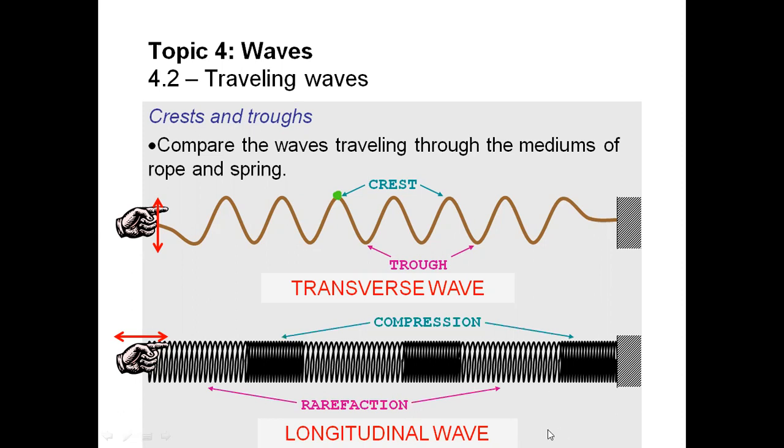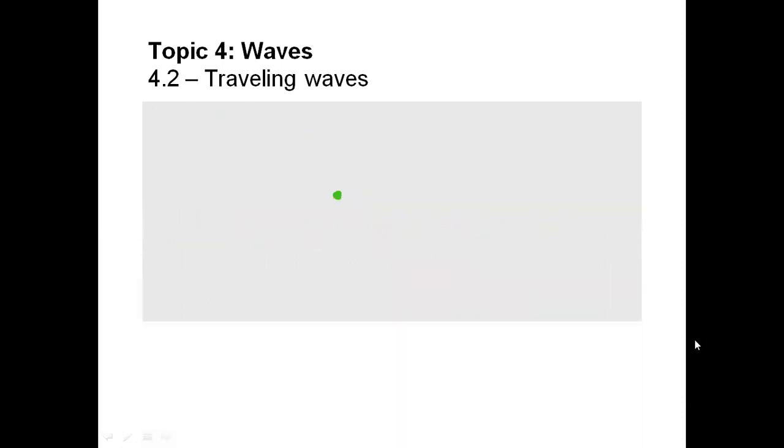Compression, rarefaction, crest and trough. But in many types of questions, probably 90–95% will be related to transverse waves. So that means we will deal with crests and troughs rather than compression and rarefaction. So let's continue.